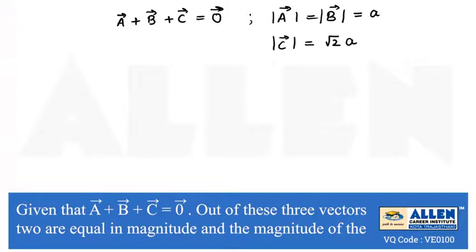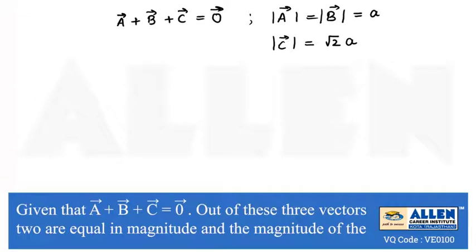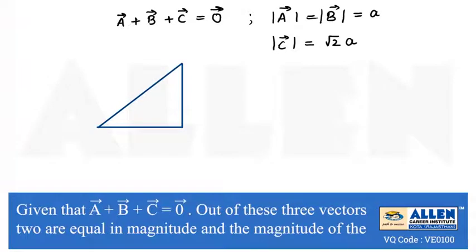Now with the help of these conditions, we will see what the figure of the triangle will be, that is a right angle triangle, because according to the data, two sides of the triangle are a and the third one is root 2a. It is a standard right angle triangle, because the magnitudes of the sides are a and root 2a, meaning two of these sides will be perpendicular and base, and the third one, which is the largest, will act as the hypotenuse.